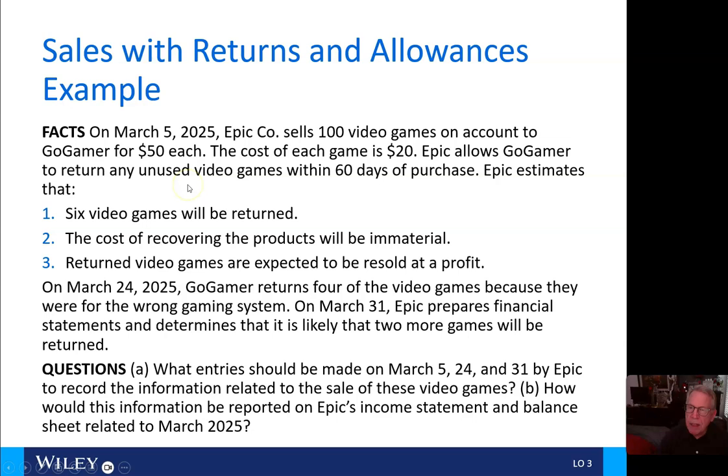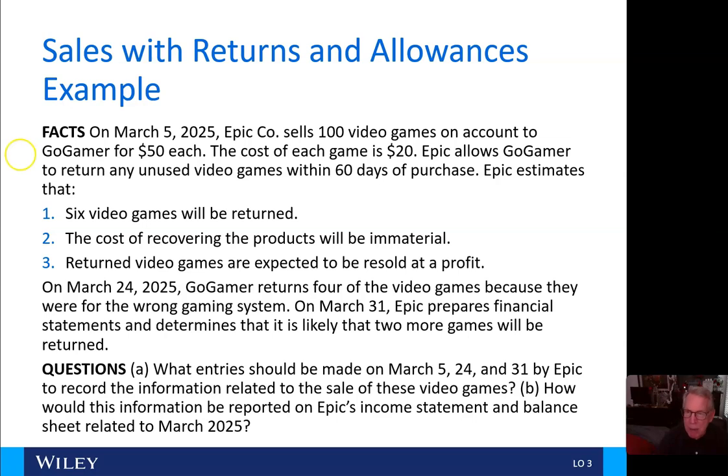Let's take a look at an example. Here on March 5th, 2025, Epic sells 100 video games on account to GoGamer for $50 each. The cost of each game is $20. Epic allows GoGamer to return any unused video games within 60 days of purchase.